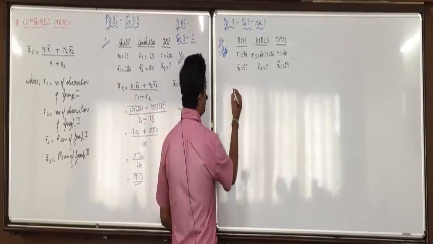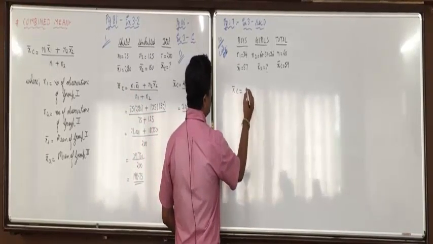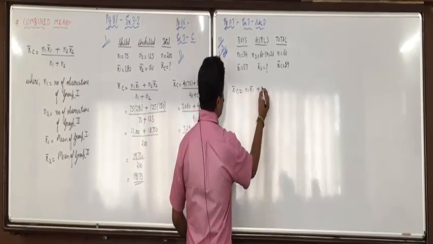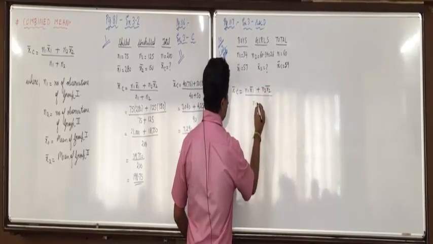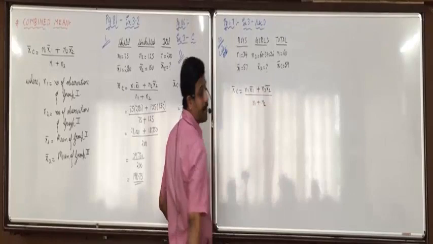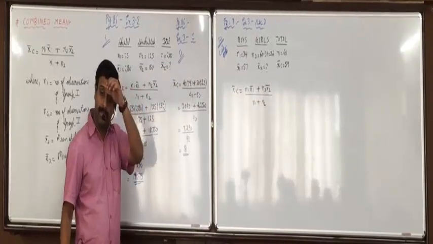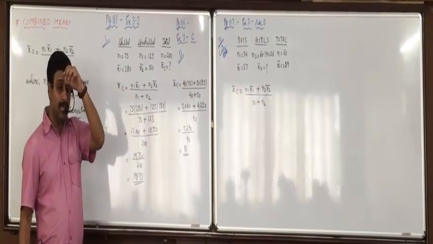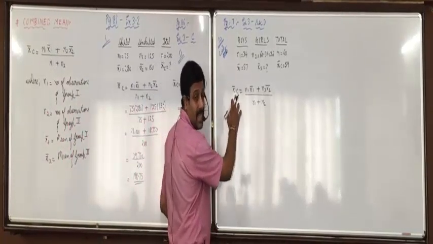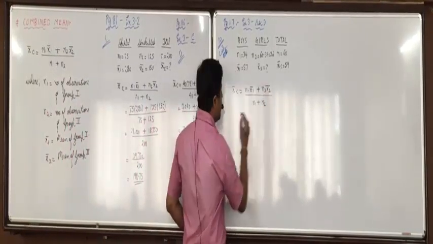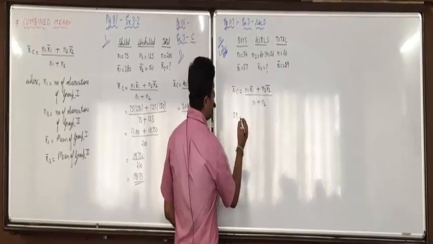Now, X bar C equals N1 X1 bar plus N2 X2 bar upon N1 plus N2. Written that, everyone? Now, X bar C means 59, so on the left side write 59.